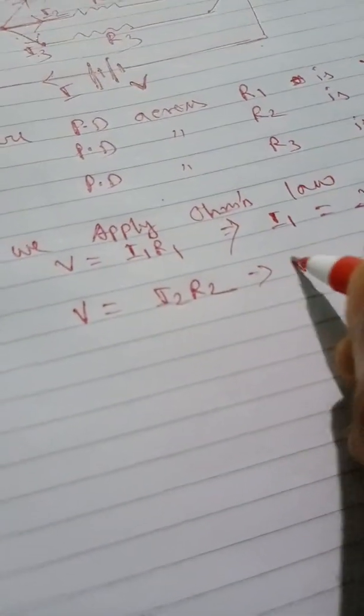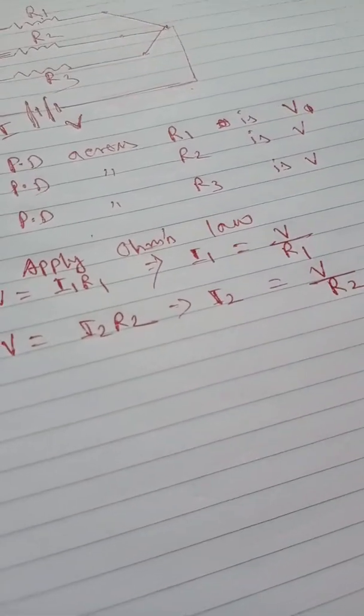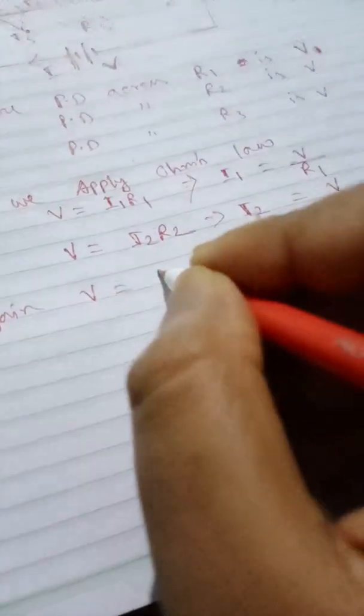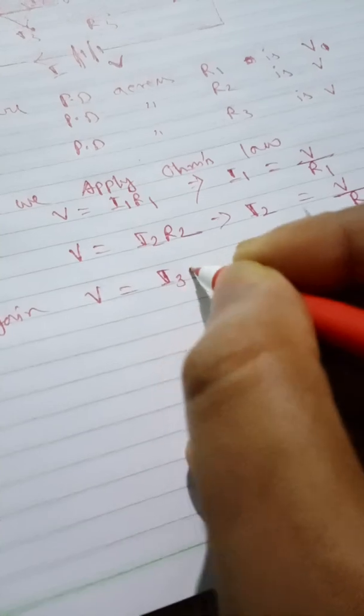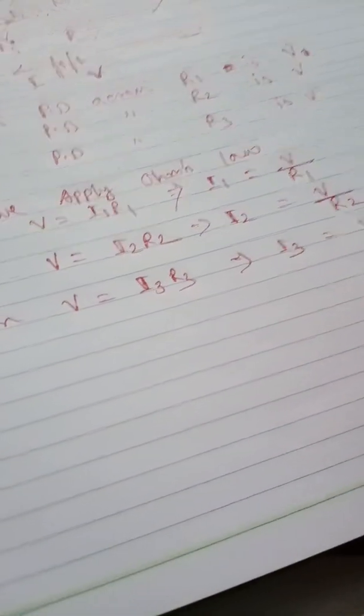So from here we can write I2 is equal to V by R2, and again we can write V is equal to I3R3, that means I3 is equal to V by R3.